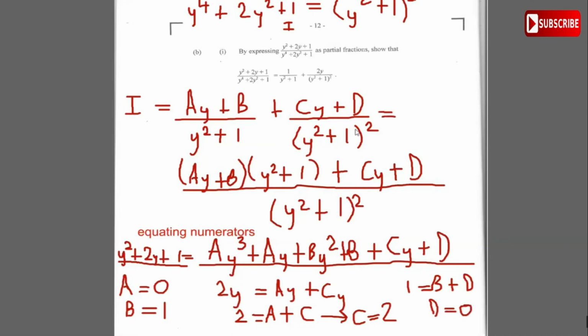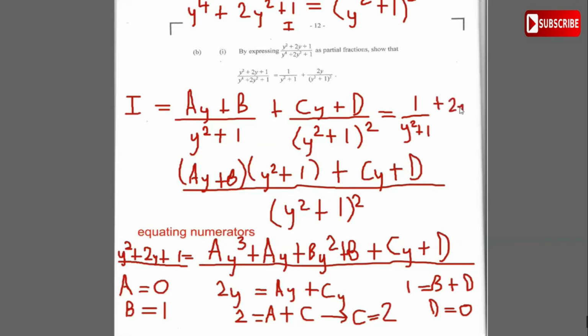So ay plus b is going to be ay plus b. A is 0, so 0 times y is 0, plus b. B is 1. So it's now 1 over y squared plus 1, plus cy. C times y is 2 times y, which is 2y, plus d.